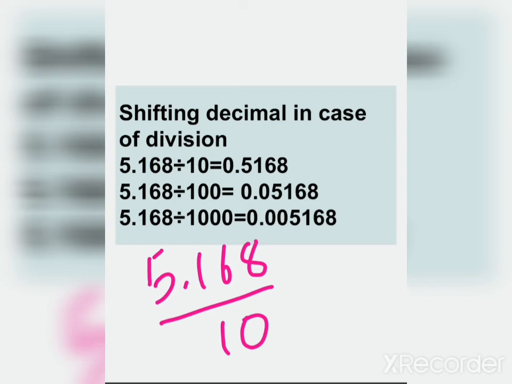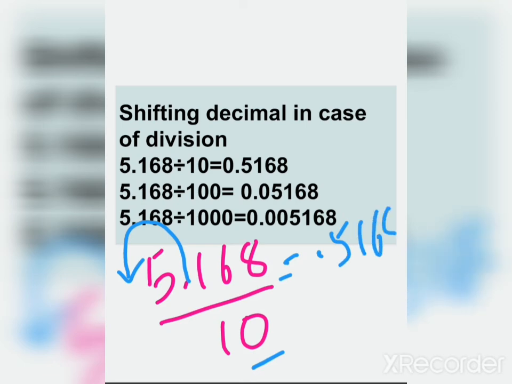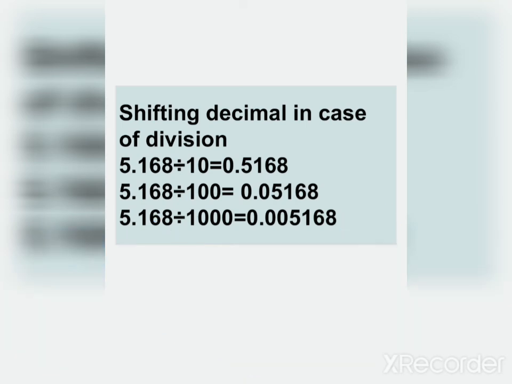In the denominator, how many zeros are there? Only one zero is there. So we shift the point one place towards the left hand side, and it will be 0.5168.